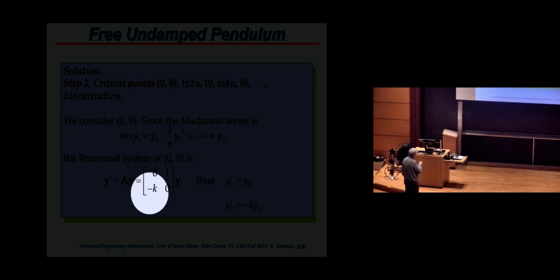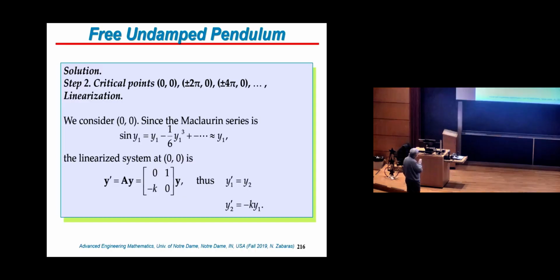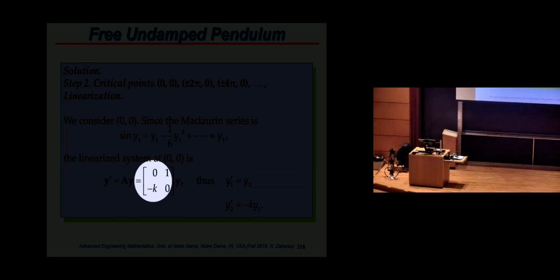Remember that y2 prime, we just said, will be minus k y1, right? That's the system of equations. Do you agree? All right, so I don't want to do any more calculations. So look at that matrix, the linearized matrix, the Jacobian basically, because this matrix involves the first derivatives of the right-hand side f.